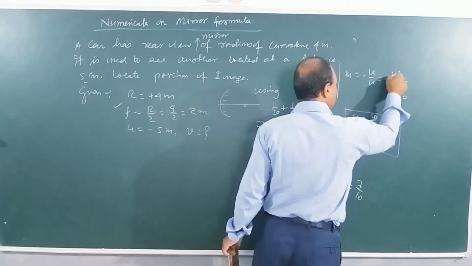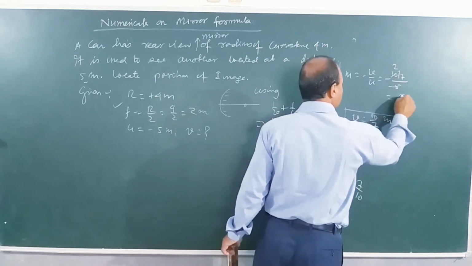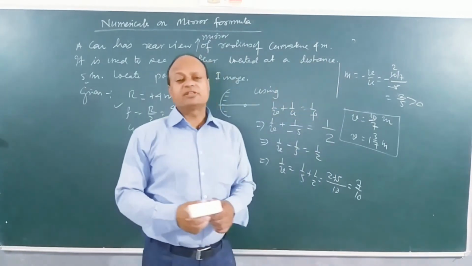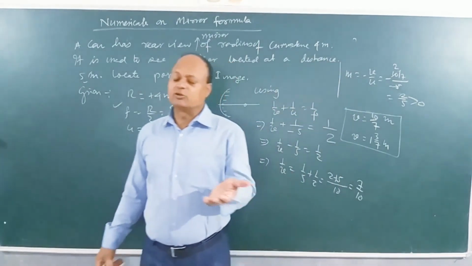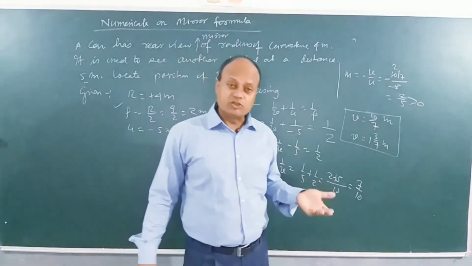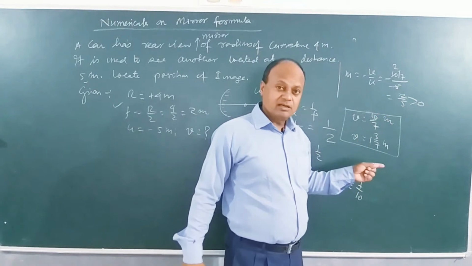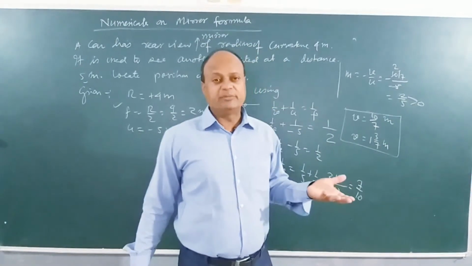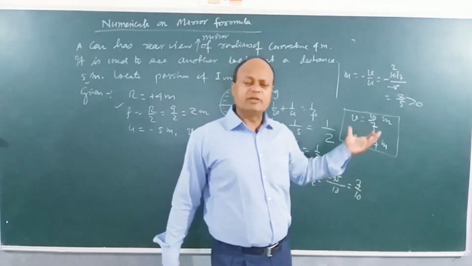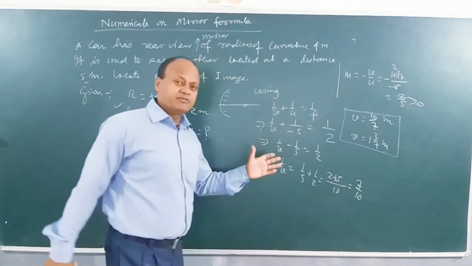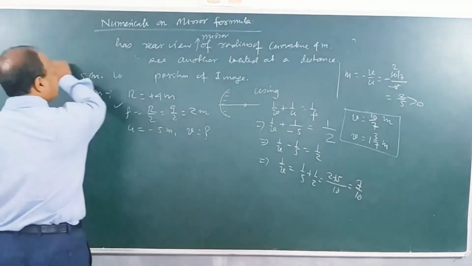So 2 by 7. We can see magnification is positive. If magnification is positive, then also you will conclude the image is virtual. Now 2 by 7 is less than 1, so the image is diminished. So we can make all these conclusions by looking at the results that we get. It was a simple problem that we did. Now let's see another question.